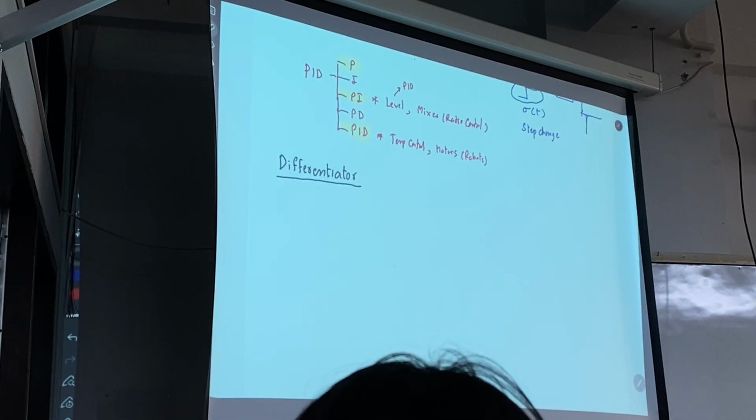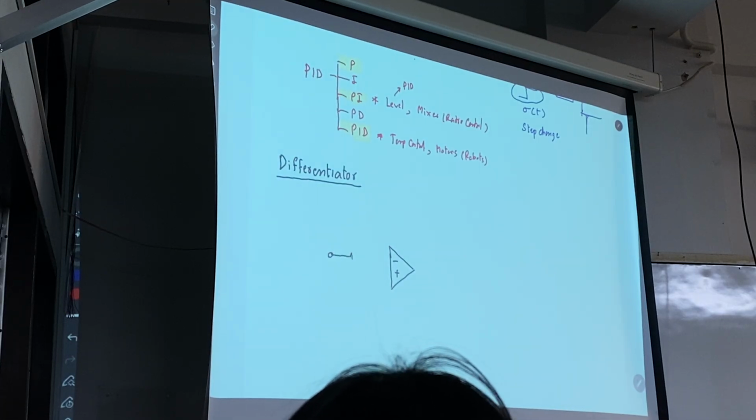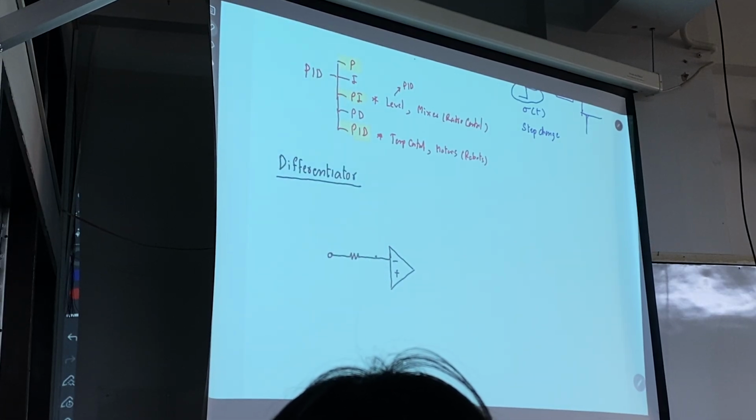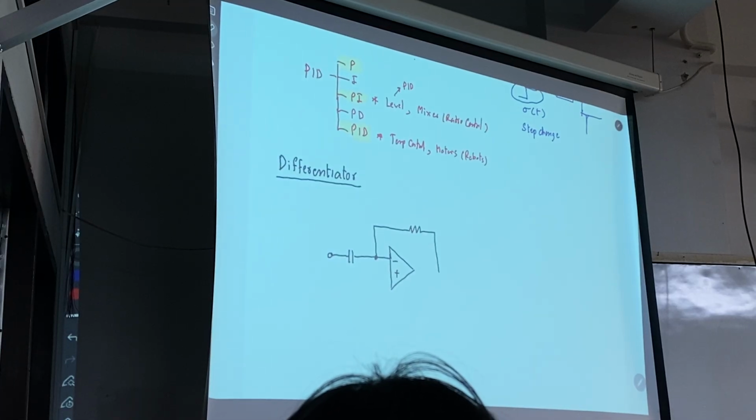The differentiator must be drawn like this, but it's pretty easy because you simply change the position of the capacitor and the resistor in the feedback loop. That is the capacitor, then you have a resistor.